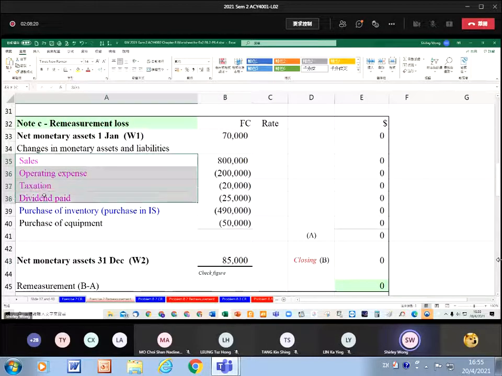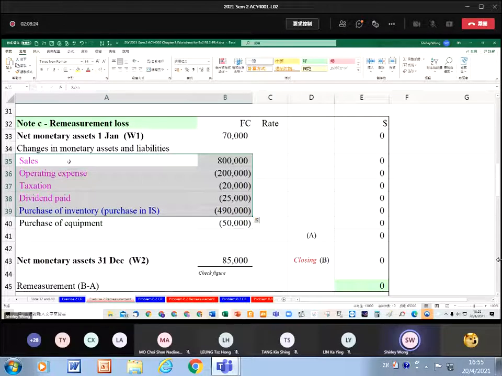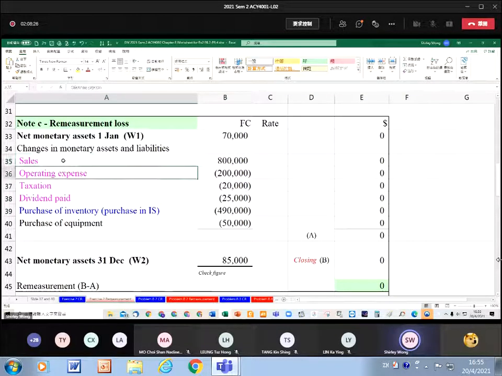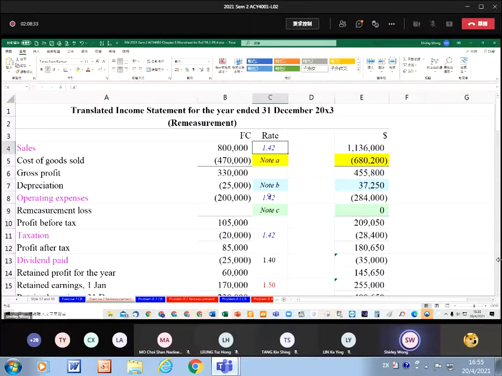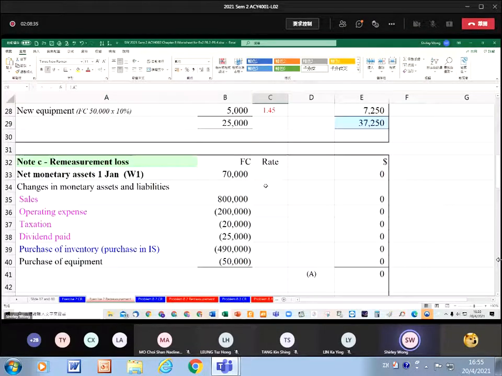And then inside, we will find out all those that use the average rate. So we will type in individually the sales, operating expense, taxation, and dividend. That is those that use the average rate. So we put them all in. For the opening, we use the historical rate 1.5, here 1.42 and then 1.42.